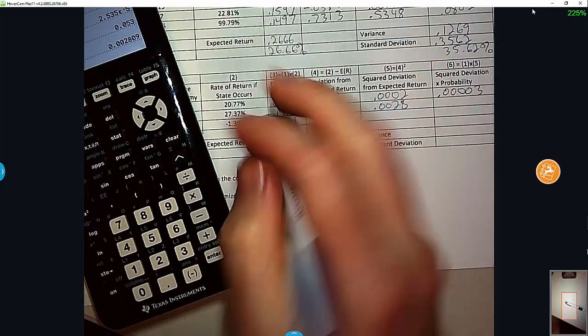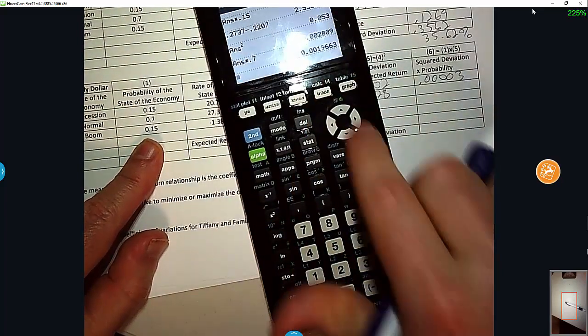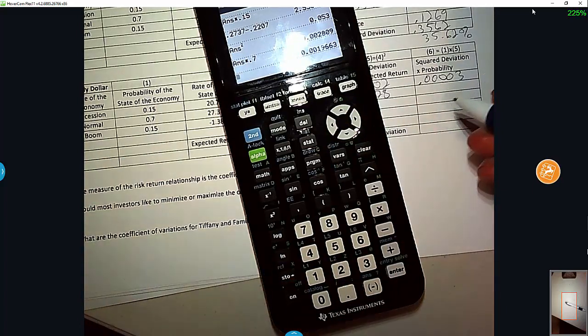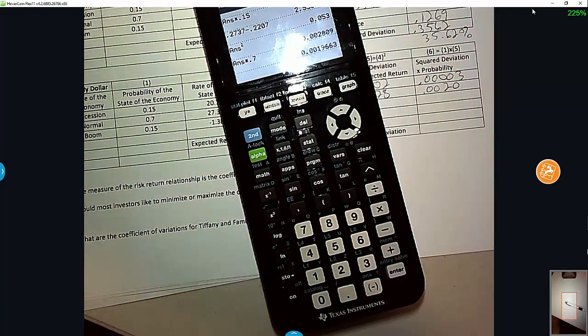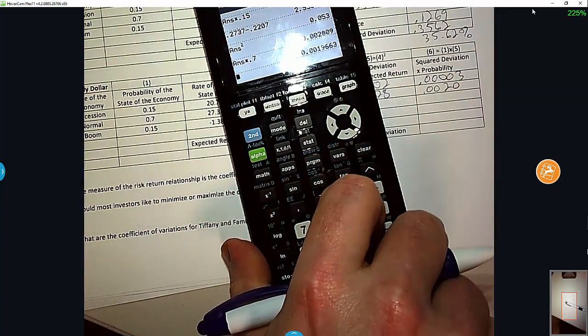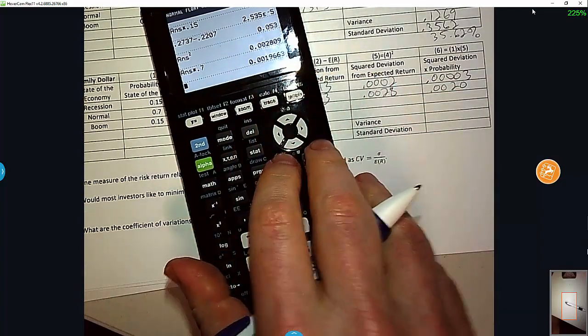And then we're going to multiply that by the probability of 0.7 to give me a value of 0.002. So it's 0.00196, and I just rounded that up to 0.0020.